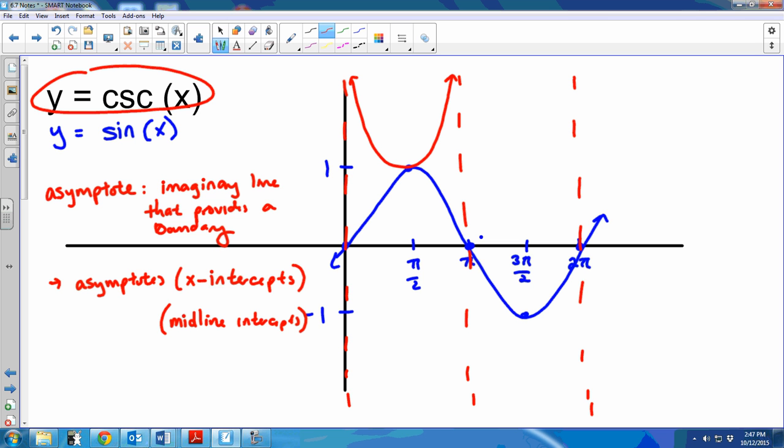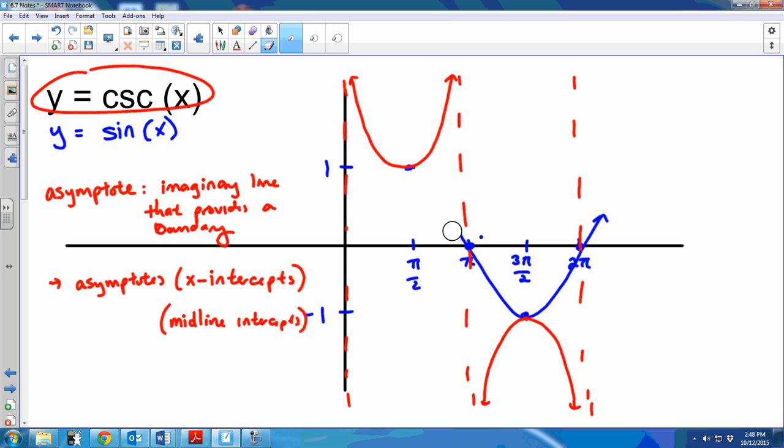Notice that the parabolas aren't going to cross the asymptotes, and off the bottom of the sine curve, again, not going to cross the asymptotes. So if you really want to look at the graph of cosecant, we would erase sine, and there is what it looks like from 0 to 2 pi. So it's just two parabolas. Okay?